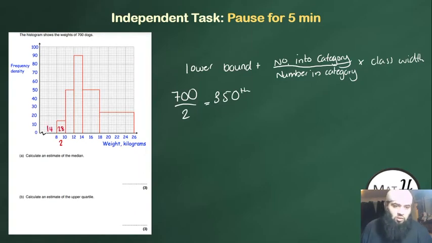The next one is 2 times 50, that gives us 100. Next is 2 times 90, that gives us 180. The next one is 4 times 50, that gives us 200.